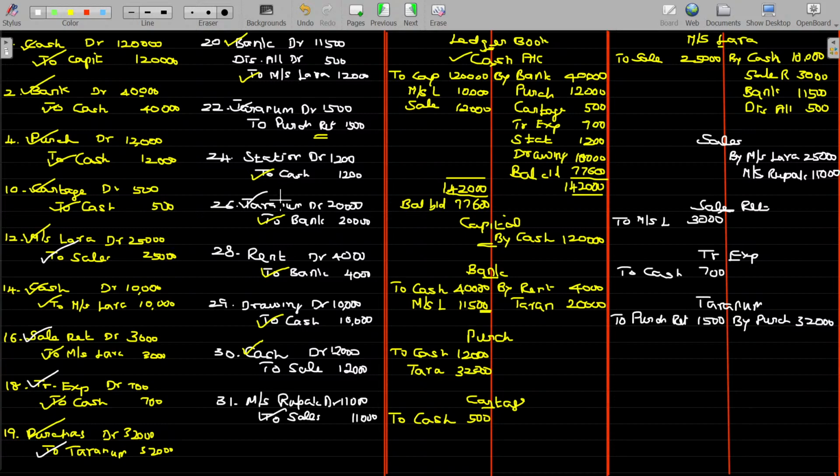And on 26th, the payment is there to bank, to Taranam. So to bank here, the value being 20,000. So with that, Taranam is over.